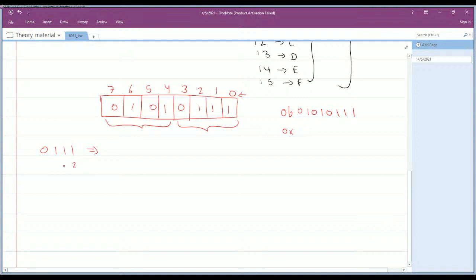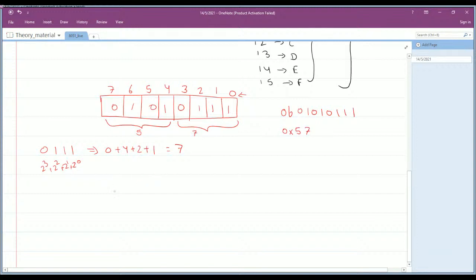It is 2 to the power 0, 2 to the power 1, 2 to the power 2, and 2 to the power 3, multiplied with the bits and added together: 0 plus 4 plus 2 plus 1. So it comes out to be 7. Going by the same logic, the other one is 5. So hexadecimal is represented as 0x57.